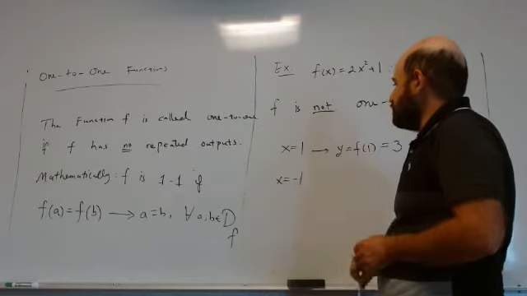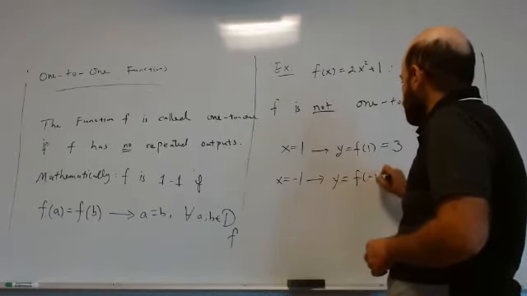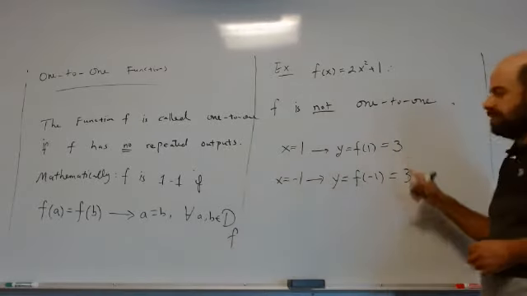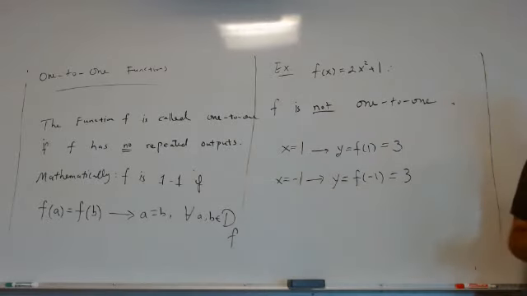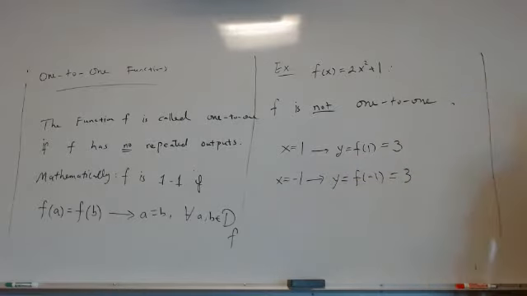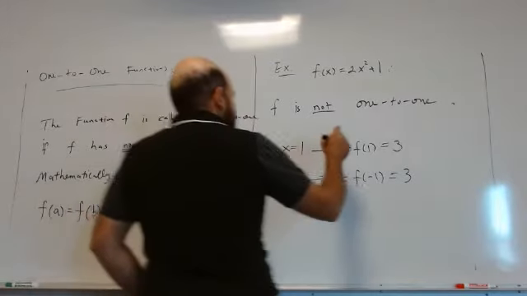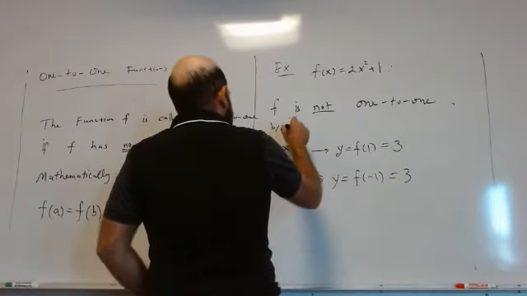For example, x equals -1. Then the output for -1 is also 3. So see, 3 is a repeated output because same output for 2 different inputs. So f is not 1-to-1. We can say that because of this.